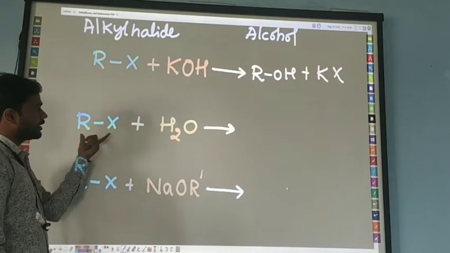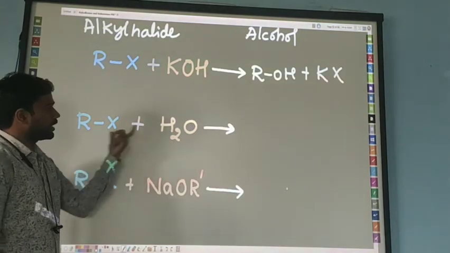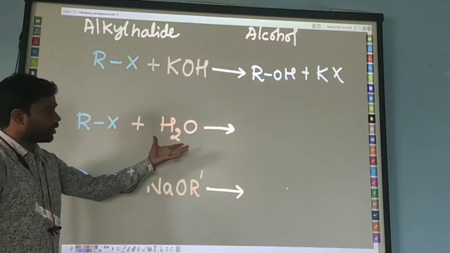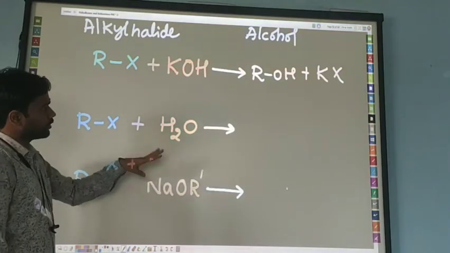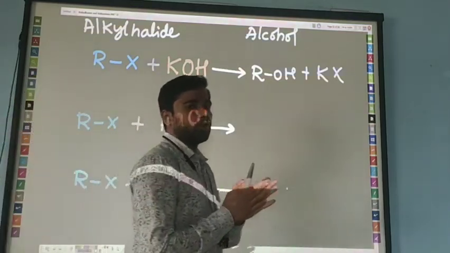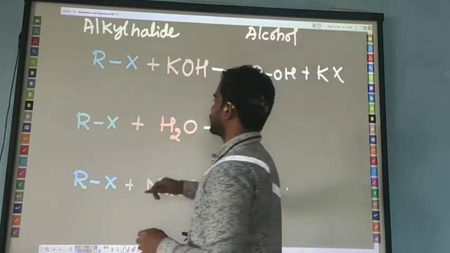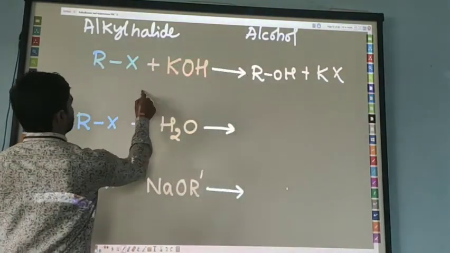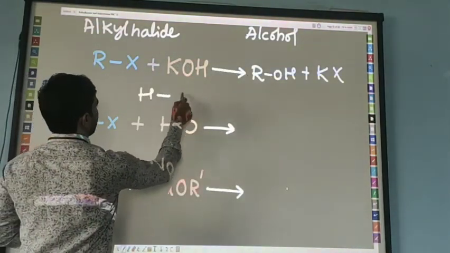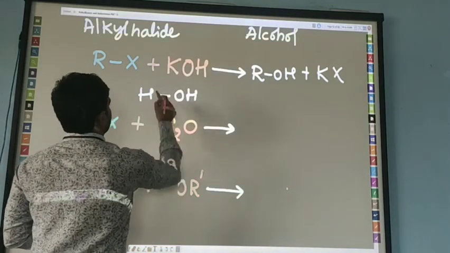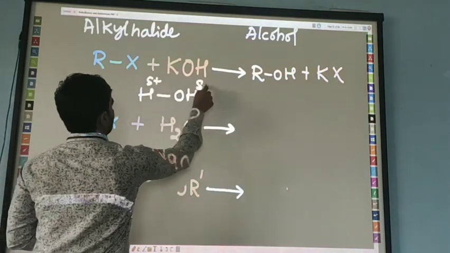Let's see the next one. When alkyl halide reacts with water, what is going to form? First we have to pick out which nucleophile is going to be generated in this case. The bonding is going to form like this, delta plus and delta minus.